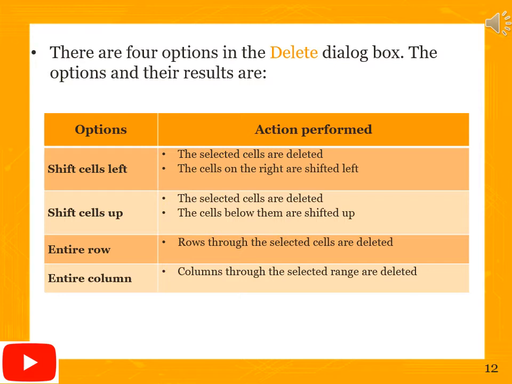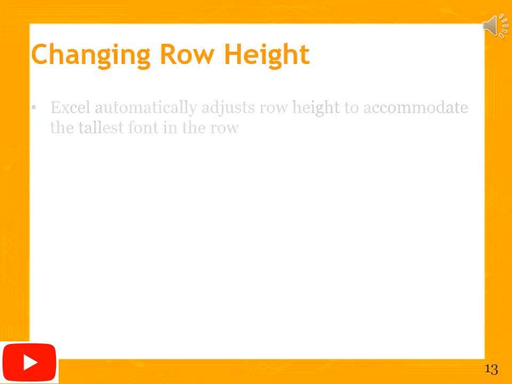Shift cells left. The selected cells are deleted. The cells on the right are shifted left. Shift cells up. After deleting the selected cells, the cells below them are shifted up. Entire row will delete the whole row. Entire column will delete the entire column.